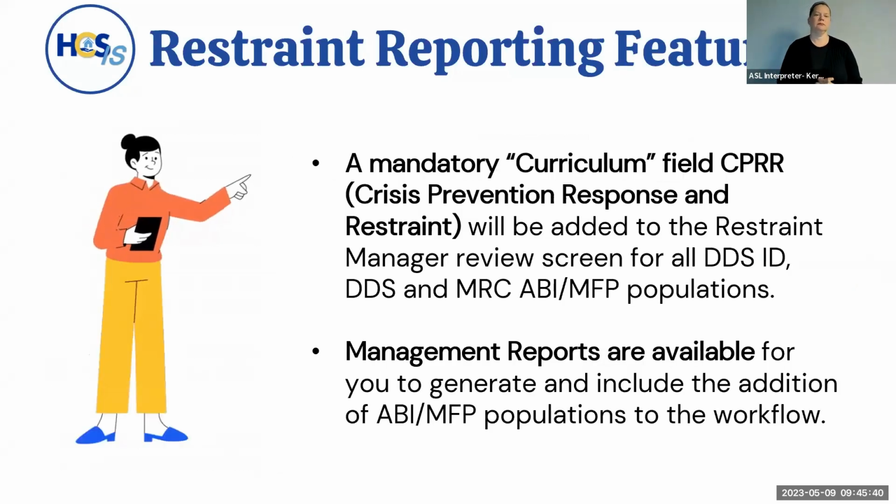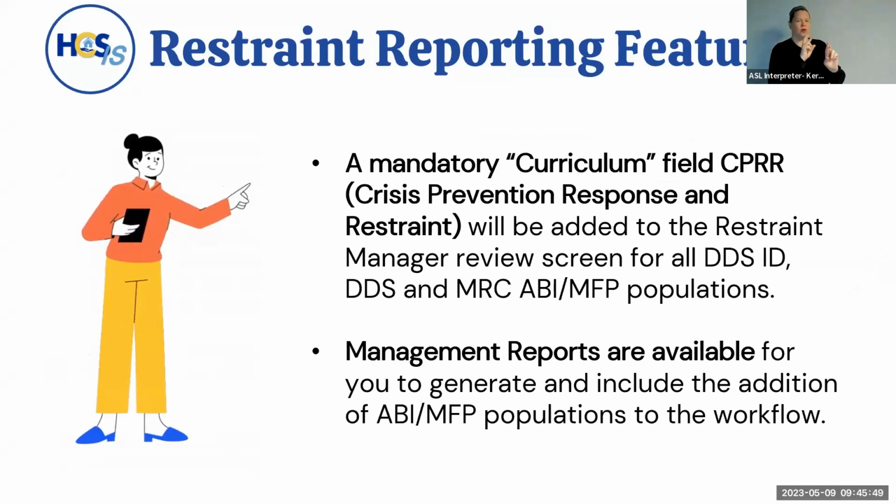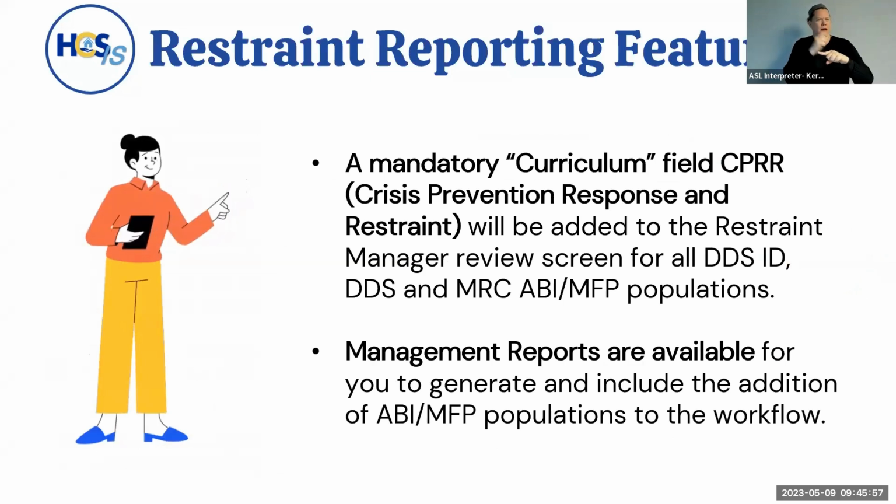The Restraint Manager Review screen will add the Crisis Prevention Response and Restraint, also known as CPRR, curriculum utilized drop-down prompt as the first mandatory question on the screen. You will not be able to multi-select options from this drop-down.